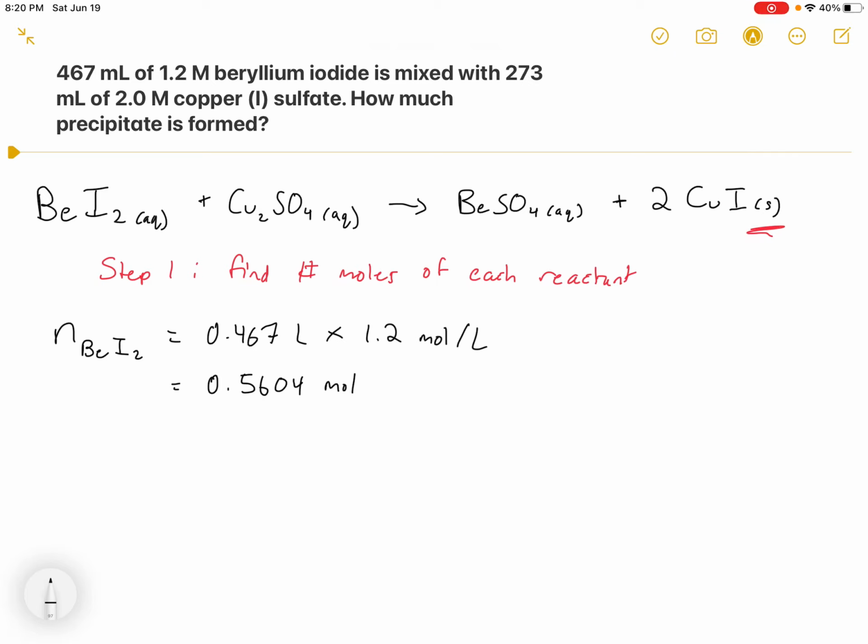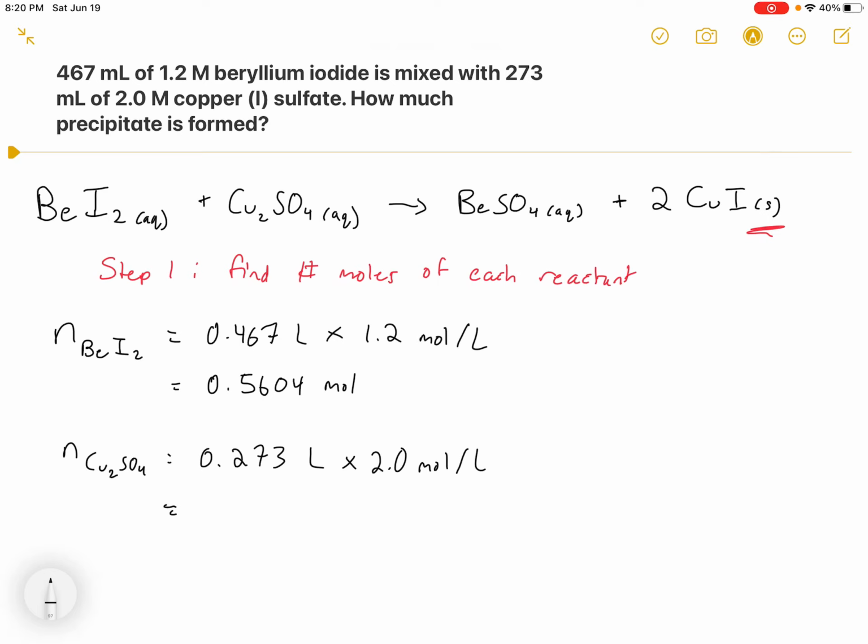And now we want the copper 1 sulfate. So the moles of the copper 1 sulfate, that's going to be 0.273 liters times 2.0 moles per liter.